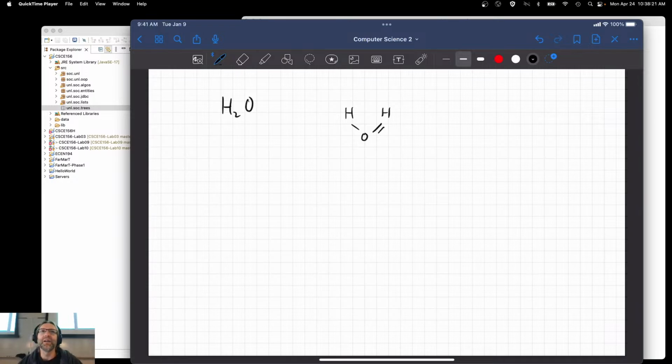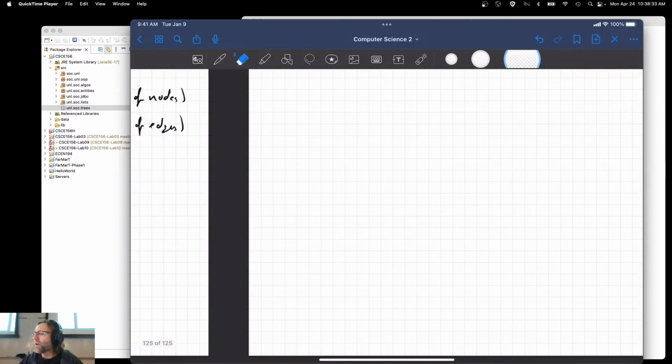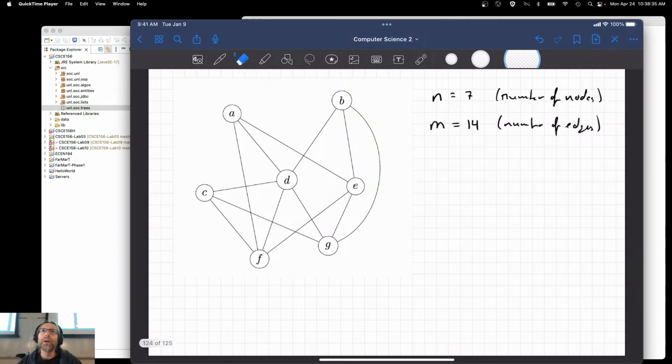These connections indicate different types of chemical bonds and stuff like that. I don't know enough chemistry to give you an accurate diagram of that. But you can do it, right? Every discipline is going to be able to model some problem using a graph. The problem here is that it doesn't have enough structure yet. This is just a general purpose relationship.